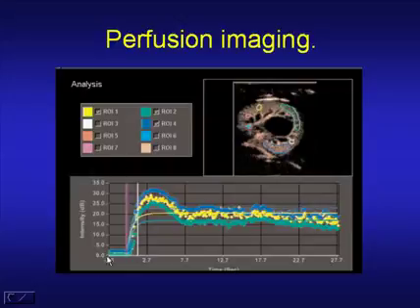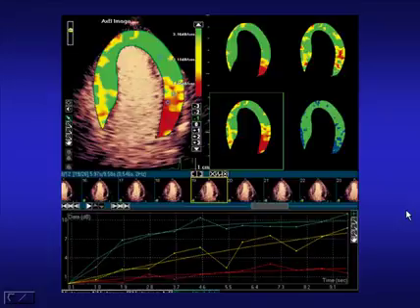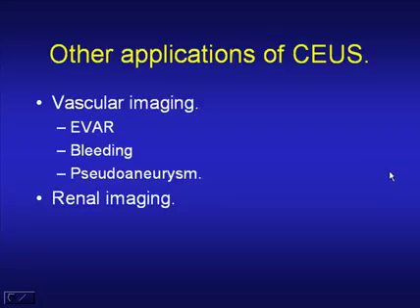And from these curves, we can derive numbers that will tell us how well perfused particular pieces of tissue are. We can derive perfusion maps or individual point perfusion profiles. This is also very useful in cardiology as well as in imaging of tumors in animal models and superficial structures.